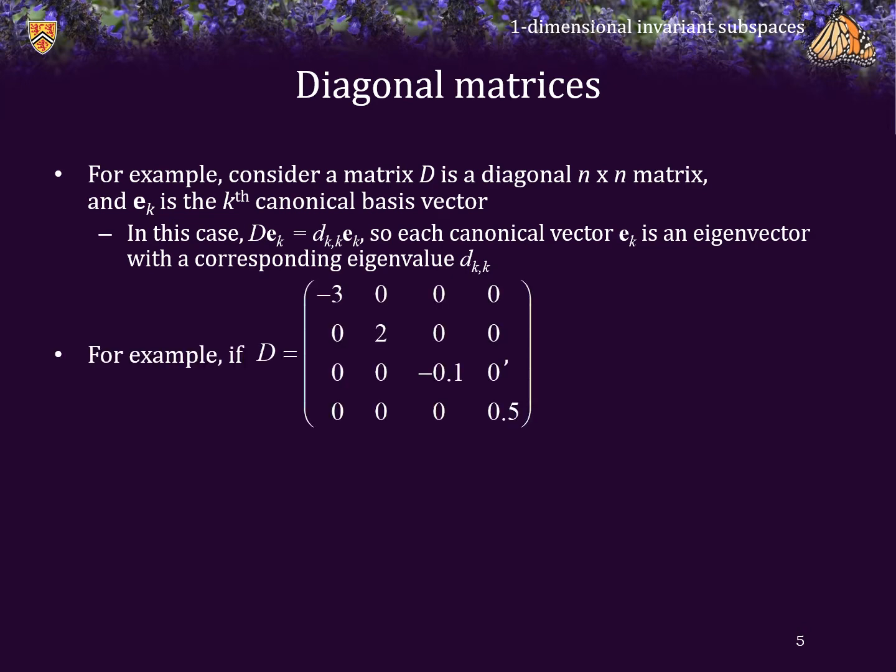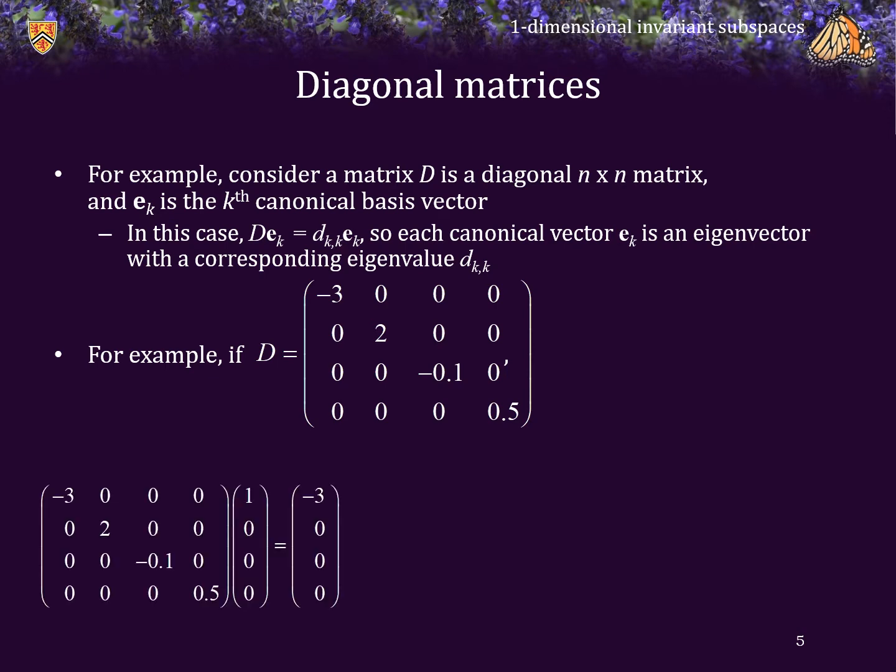For example, if this is our diagonal matrix, note that if we were to multiply the basis vector 1, 0, 0, 0 by this matrix, then you get -3 times that vector. So the eigenvector is the first canonical basis vector, and the eigenvalue for this particular matrix is -3 for that eigenvector.